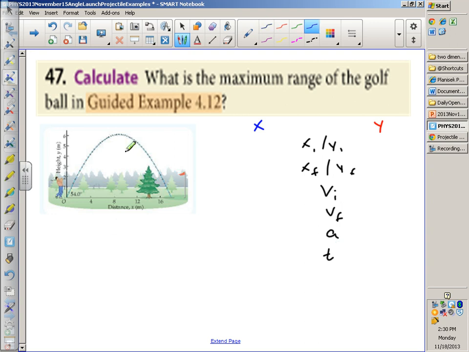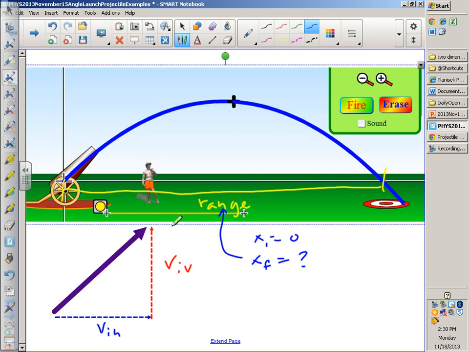And we said that if we're looking for maximum range, that means we're going to solve for what in this chart? X final. Why? That's because that's range, right? Okay, we said that going back here, range is a horizontal distance. How far does it travel horizontally?